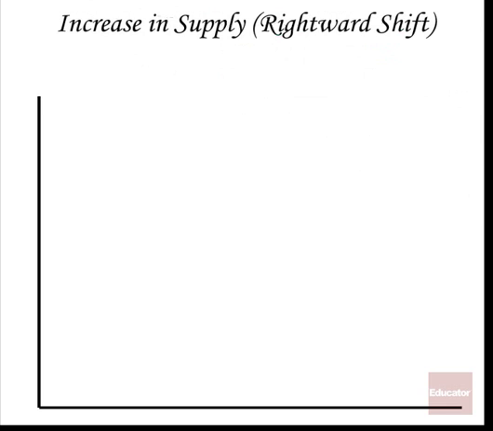So let's take a look at an increase in supply. Put quantity on the x-axis, price on the y-axis, and we're going to draw a supply curve here. Let's look at this as pizza.